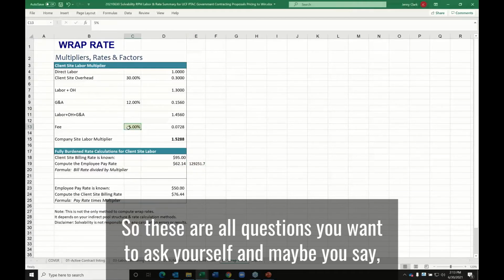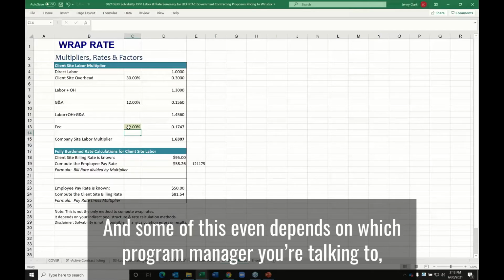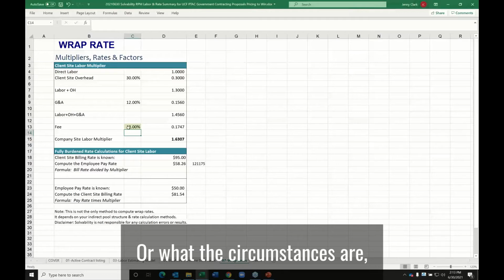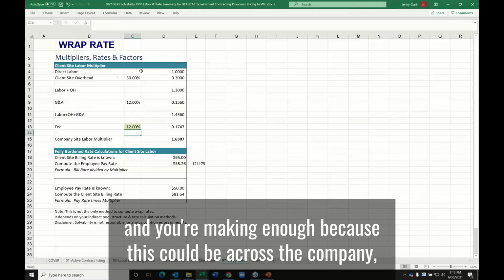So these are all questions you want to ask yourself. And maybe you say you can't go over $58 an hour. And some of this even depends on which program manager you're talking to, or what the circumstances are, or if the contract is already profitable and you're making enough, because this could be across the company, could be related to a specific contract.